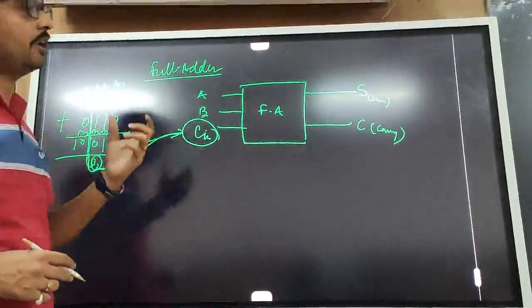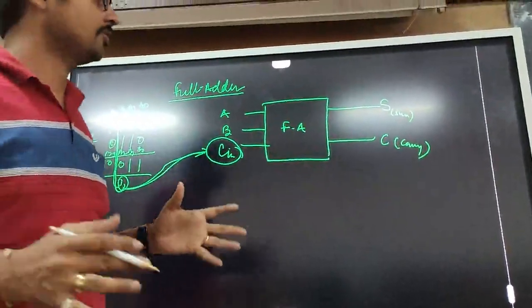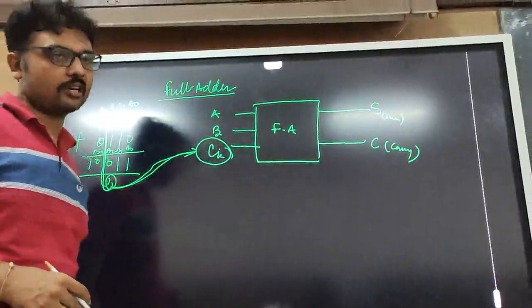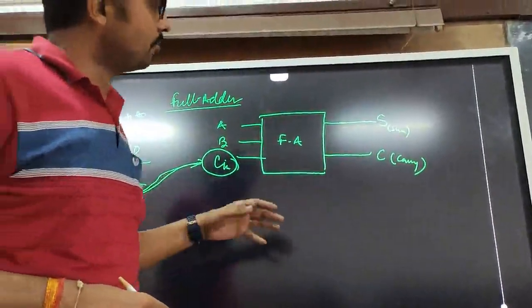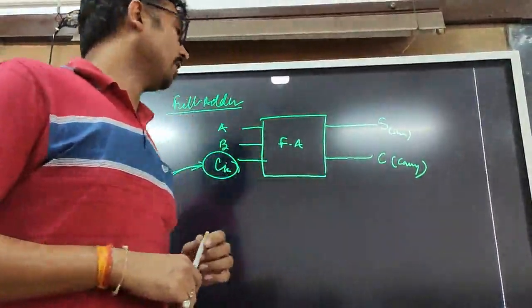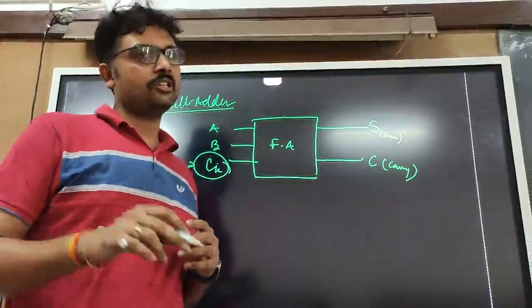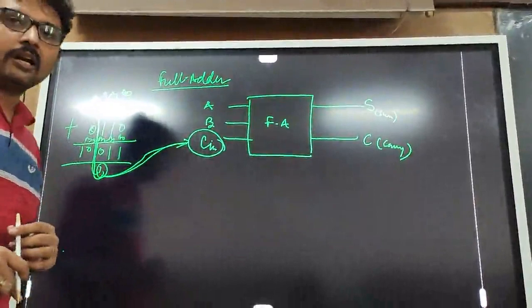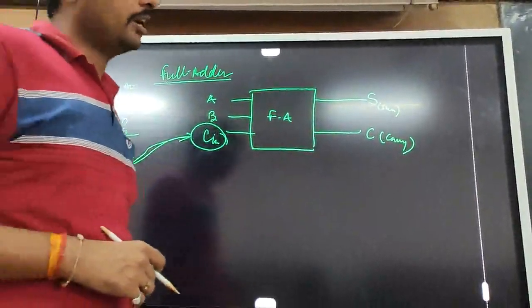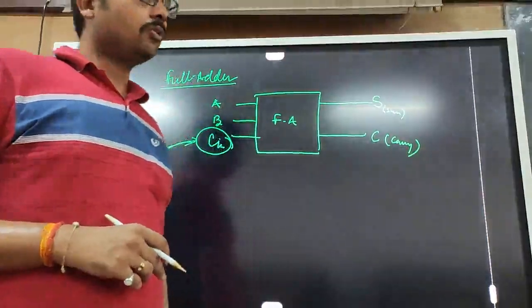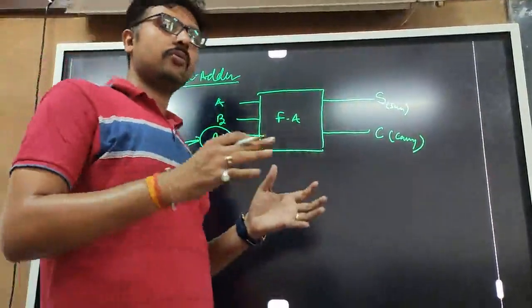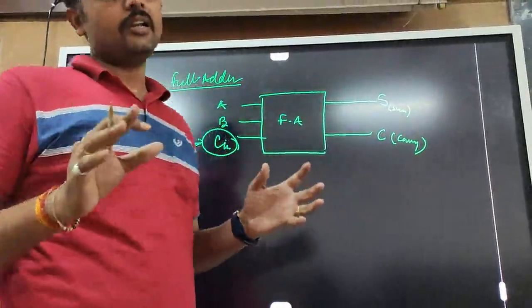So that's why full adder is used for the multi-bit operation, which will be described in more detail during your theory classes. And there is one more experiment related to your digital electronics course, that is the 4-bit parallel adder, where a combination of full adders has been taken into account. So there you will understand the basic features of full adder in depth.